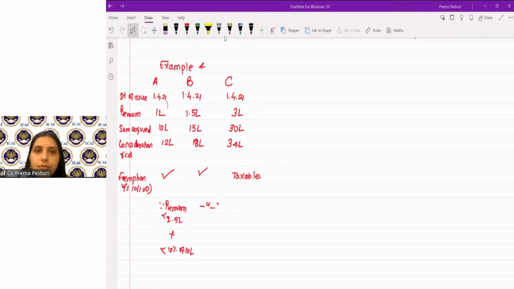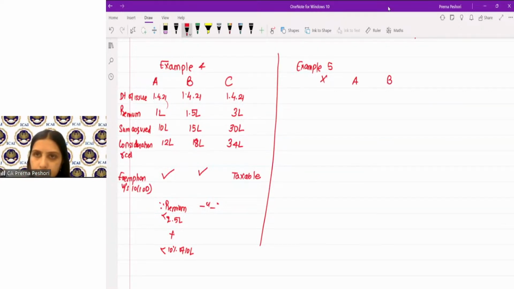Example number 5. Let's take X, A, B, C. Date of issue for X is 1/4/20.